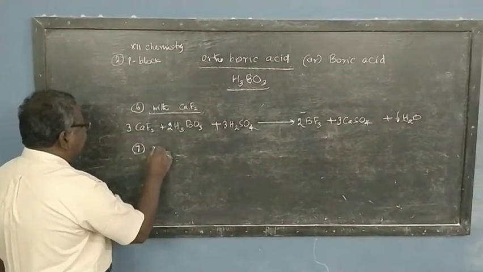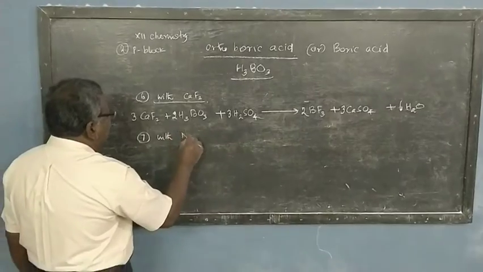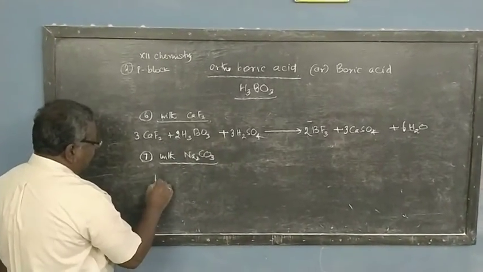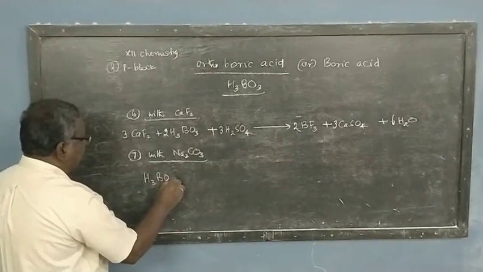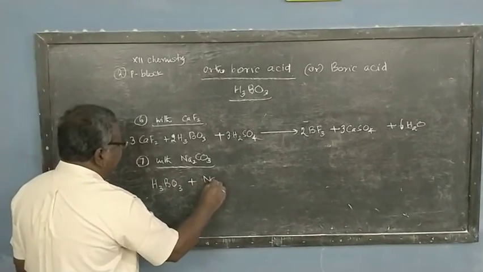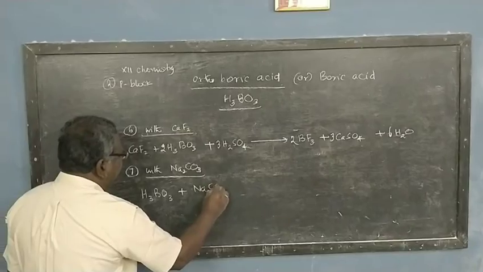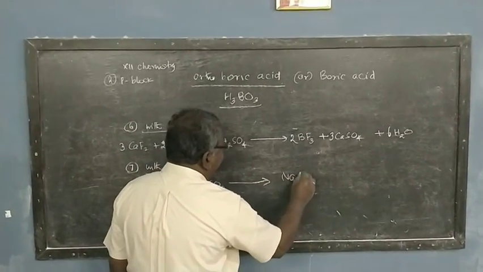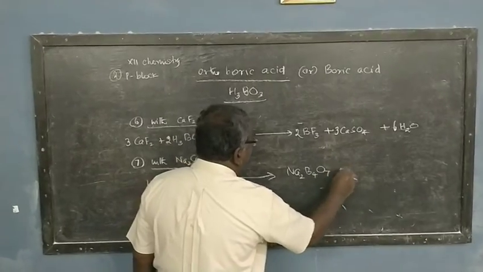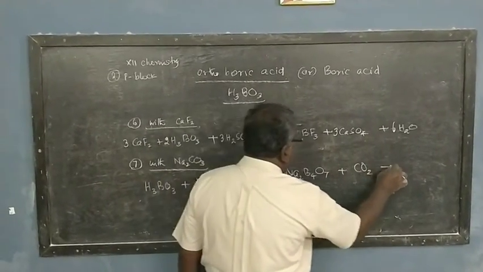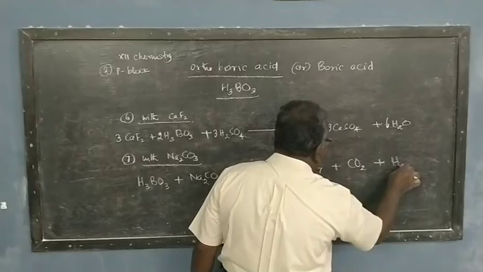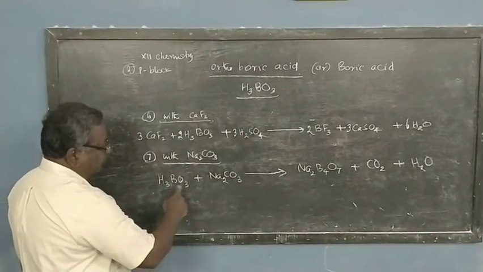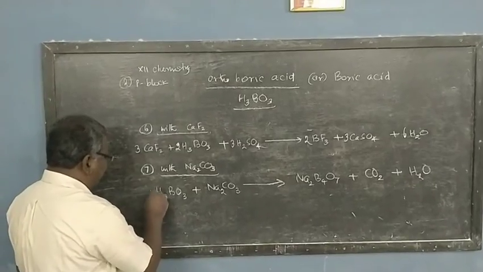The last reaction is with soda ash or sodium carbonate. Right? Boric acid, when heated with sodium carbonate, produces borax with the liberation of carbon dioxide and water molecule. Right? So to balance this, boron 1 here and 4 there.